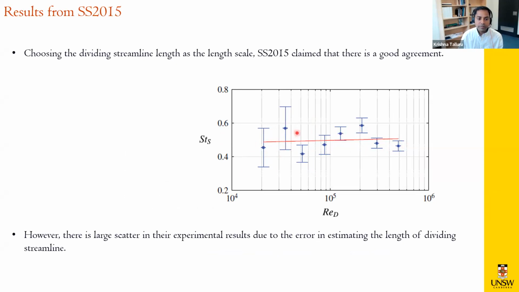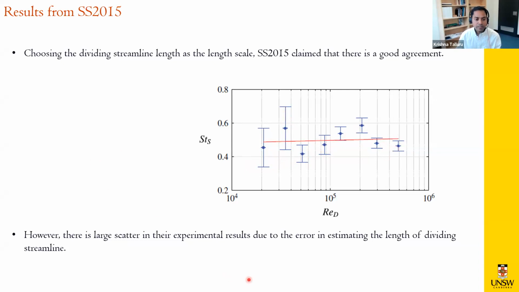But looking at their results as shown here, there's a very large scatter. It is changing all the way from 0.35 to 0.6 within their uncertainty levels. So that raised a question: is this the right velocity scale and length scale to be used?